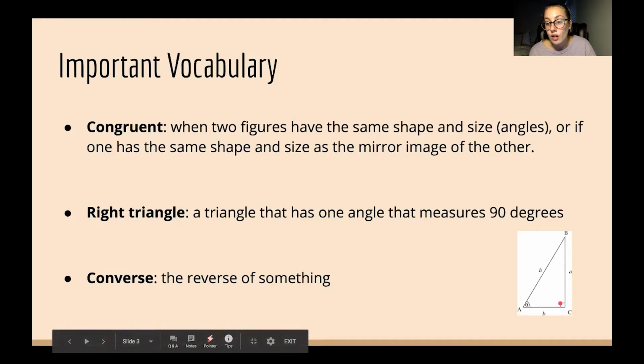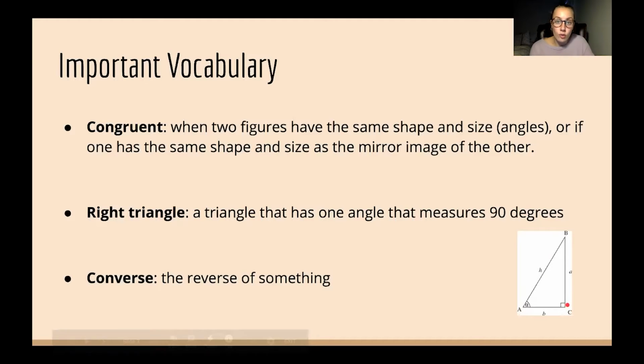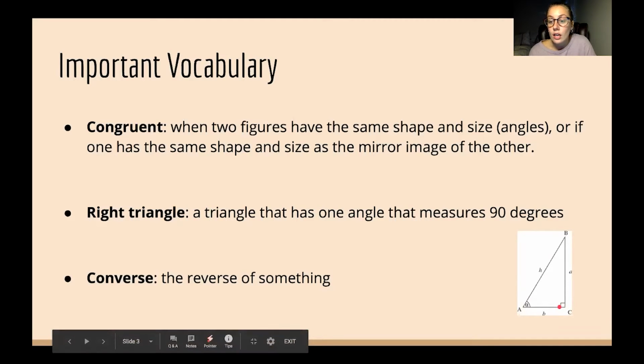We see it with the square mark. That shows us that that vertex or that angle is 90 degrees. So in order for it to be a right triangle, it has to have one angle that measures 90 degrees. This definitely isn't 90 degrees, and this isn't either, but it does have one that is.